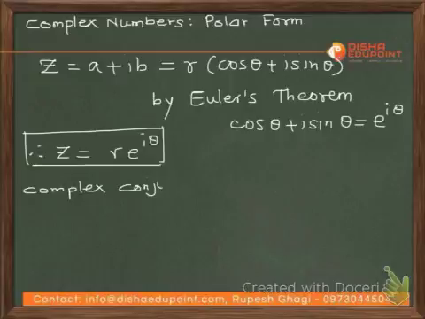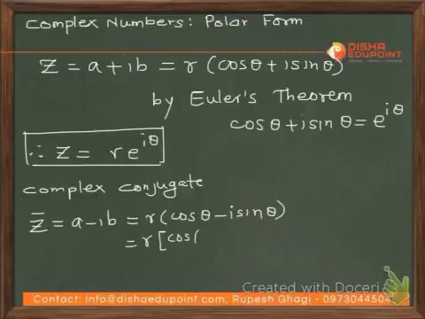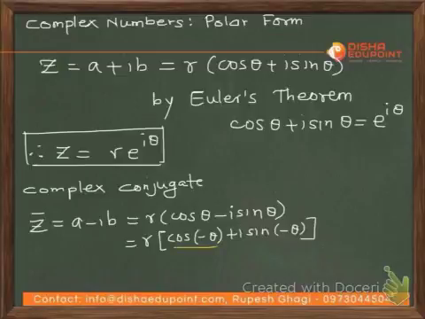Now the complex conjugate of z, denoted by z bar, is a minus ib, which is r into cos theta minus i sin theta. This can also be written as r into cos of minus theta plus i into sin of minus theta. Why? Because cos of minus theta is cos theta and sin of minus theta is minus sin theta.